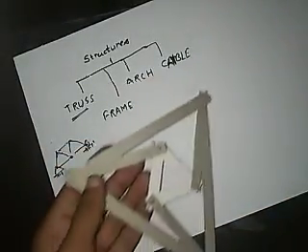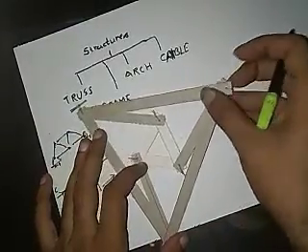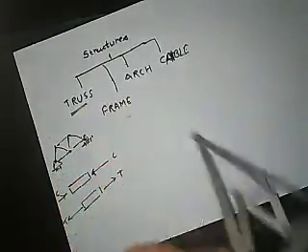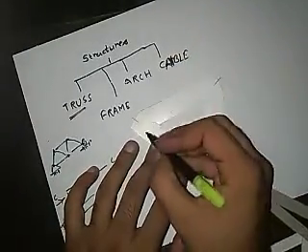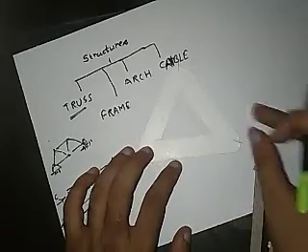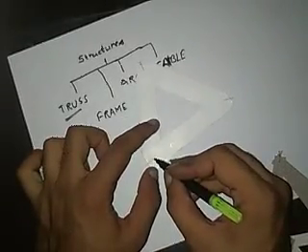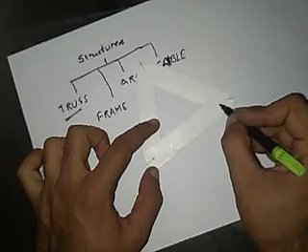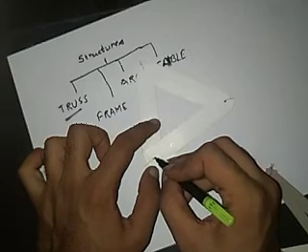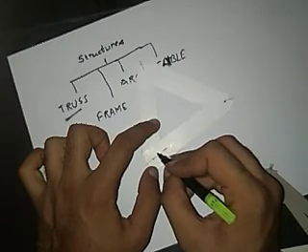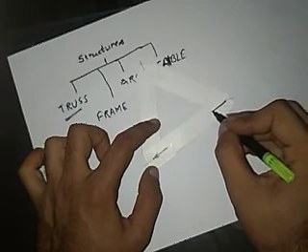The second assumption is about the force which is being transferred. See, the force which is being transferred between, say, these two pins is acting along the centroid of the cross section.